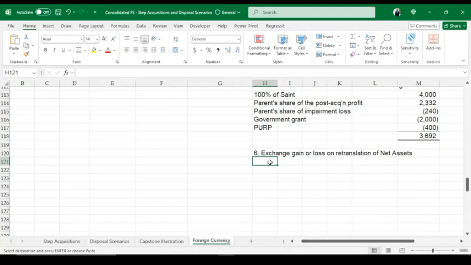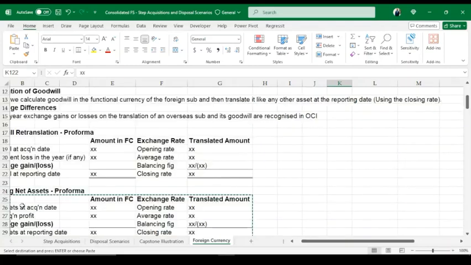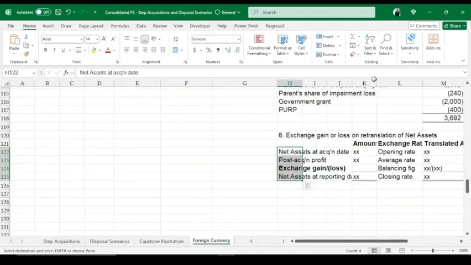Sorry, I didn't copy the entire thing, so let me go back. So let me copy this and paste right here. All right.